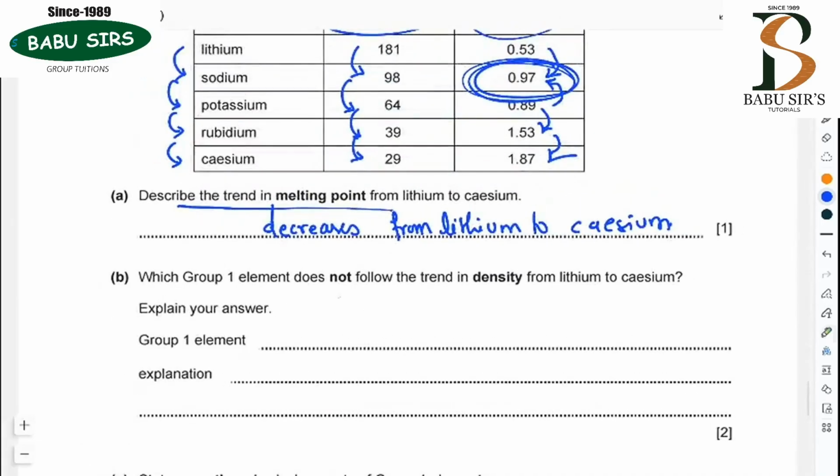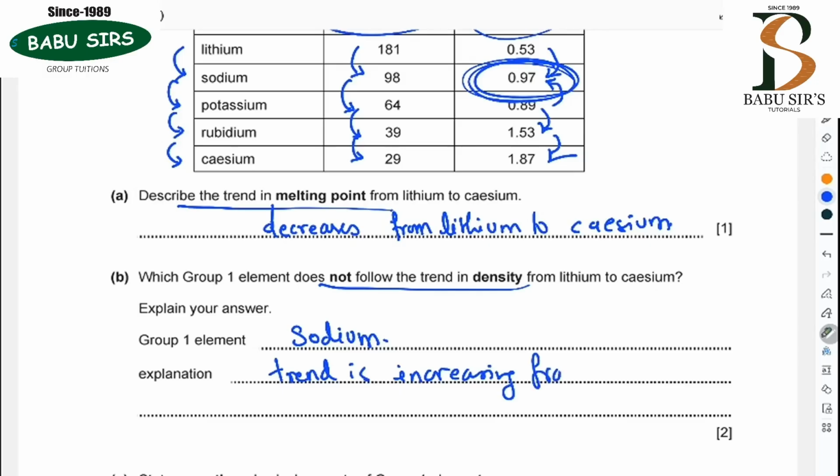Which group 1 element does not follow? As we have seen, sodium doesn't follow. Now why doesn't it follow? Because everywhere it is increasing. So the trend is increasing from lithium to caesium.